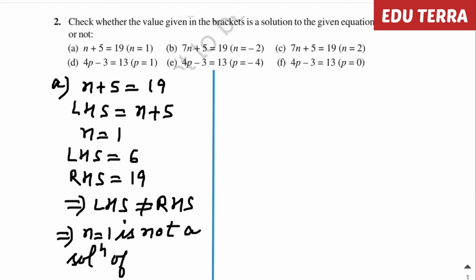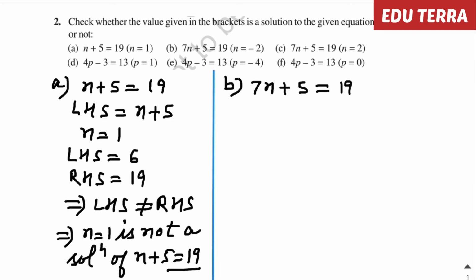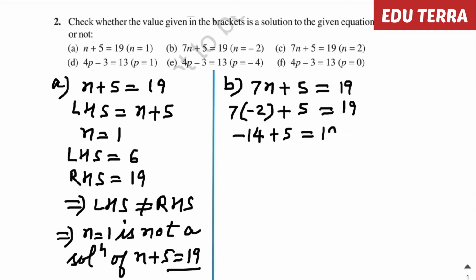of n plus 5 equal to 19. Next, 7n plus 5 equal to 19. Substitute n equal to minus 2. So 7 twos are minus 14 plus 5, and it is not 19.